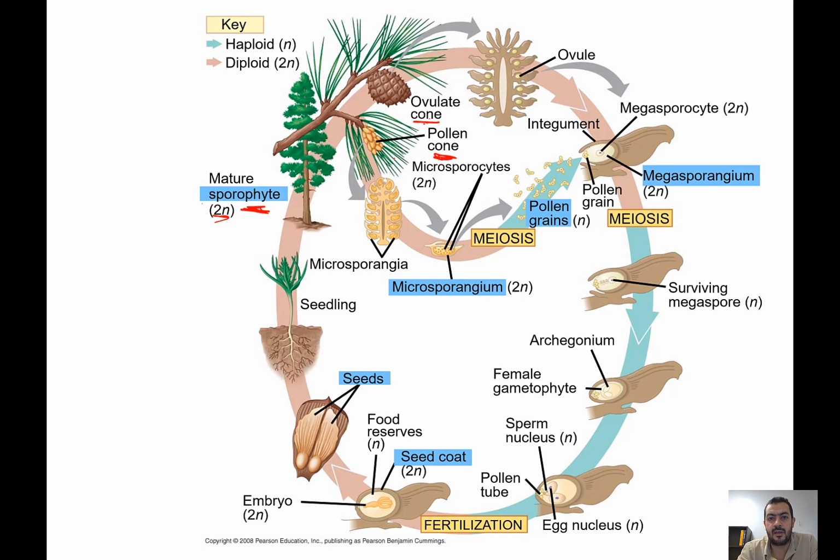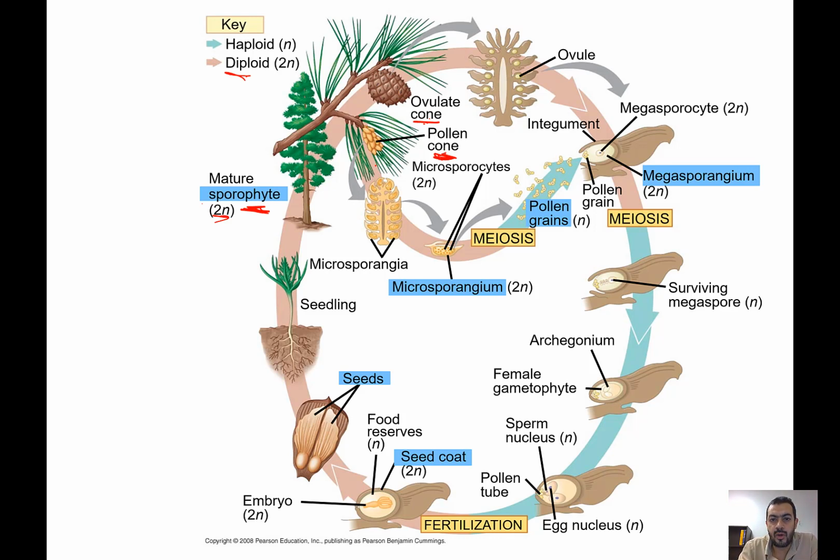So these plants are heterosporous because they have two different types of structures that will give rise to the male and female gametophytes later on. So they are present in two different structures. So the pollen cone is coming from the sporophyte, the same for the ovulate cone. So both of them are diploid structures.